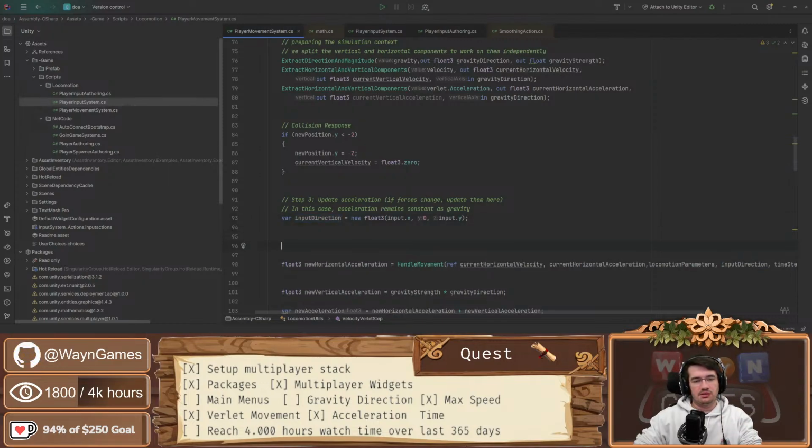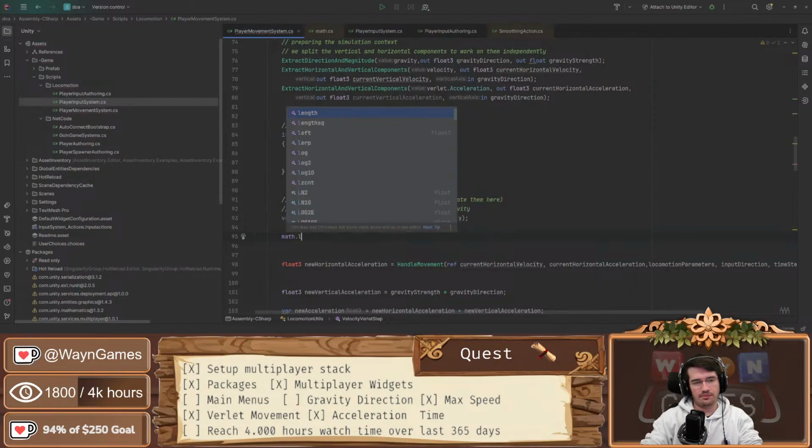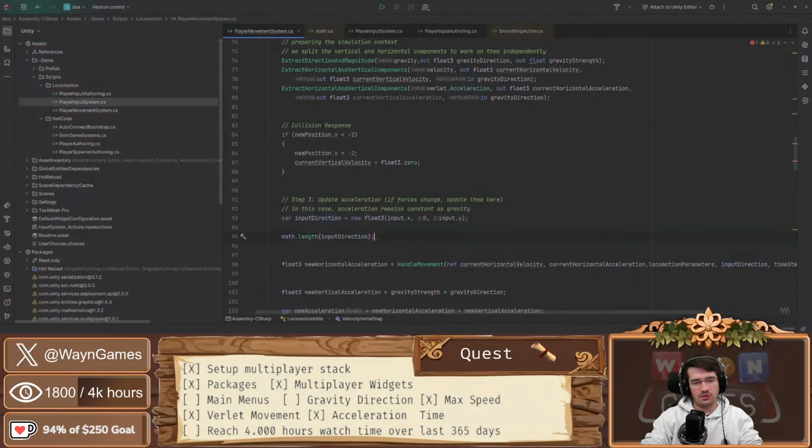So the basic thing that I want to do is to clamp the magnitude, so I need to have the length of that input direction.